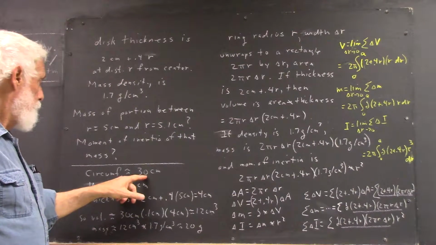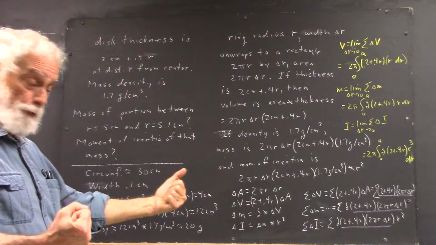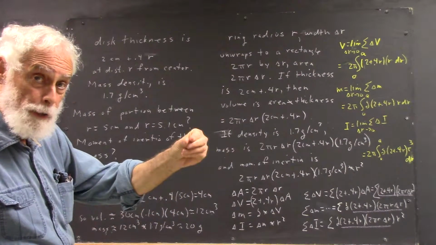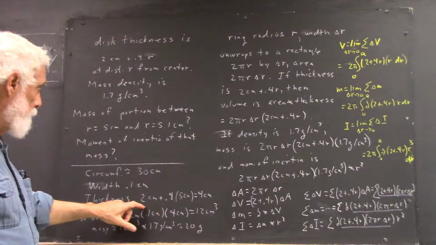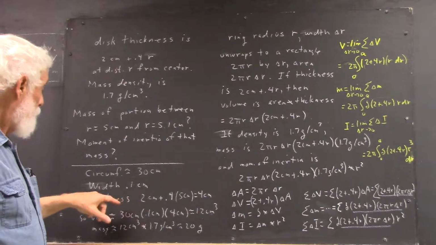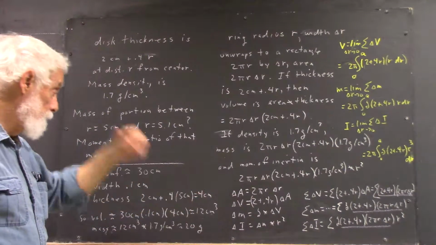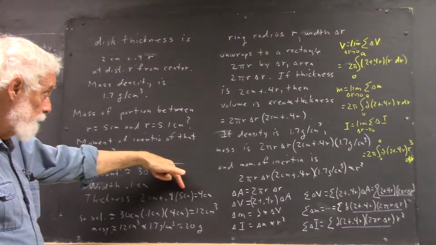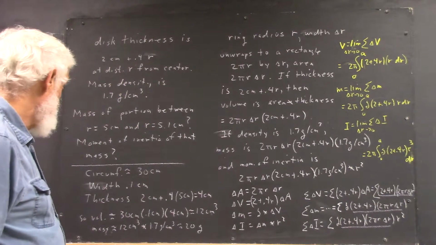So, the circumference is this. If we straighten the thing out, that's how long it's going to be. It's going to be this wide, and it's going to have another dimension, which is the thickness of the disk. Now, if r is in the vicinity of 5 centimeters, the thickness of the disk is going to be very close to 4 centimeters, as we obtained just by plugging in 5 centimeters for r in the expression for the thickness.